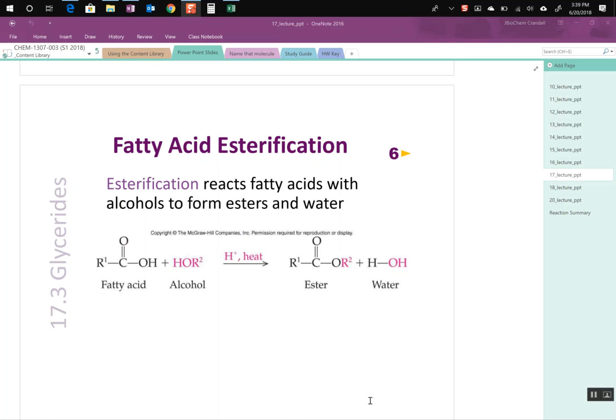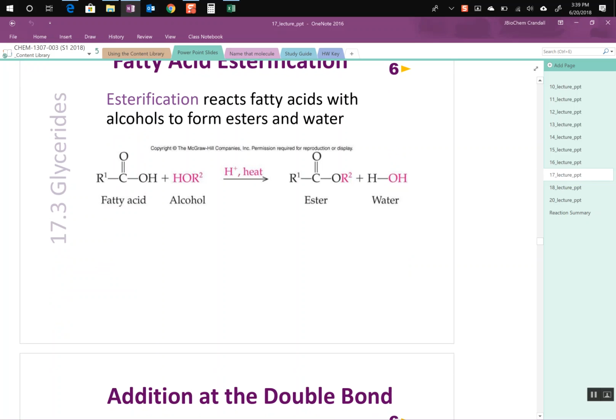Okay, so here we're just looking at some of these reactions with the formation of esters, esterification, right? With fatty acids, that's very applicable, because if you take a fatty acid, a carboxylic acid, and react it with an alcohol, you'll be able to cause the esterification.